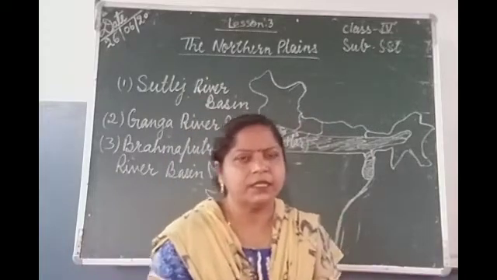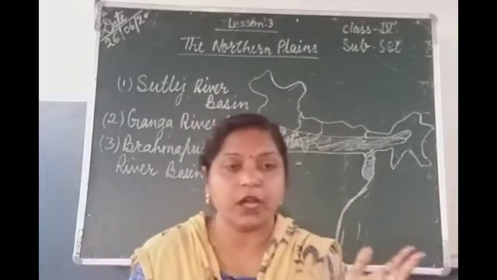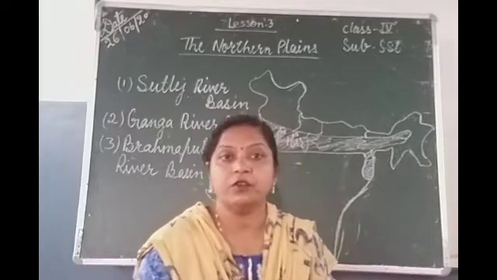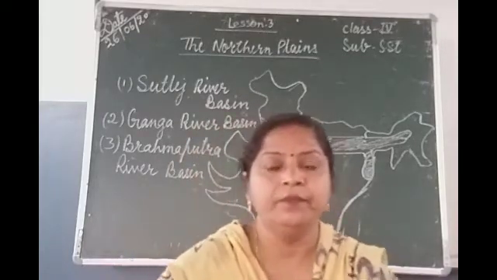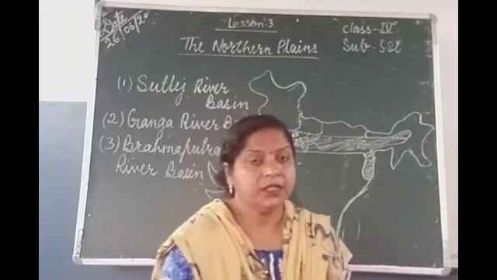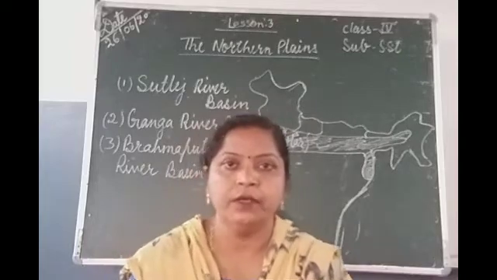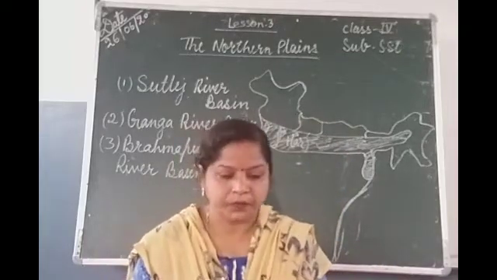In mythology it is said that thousands of years ago one more river, the Saraswati river, also mixed in this river. But nowadays there are only two rivers, Ganga and Yamuna.